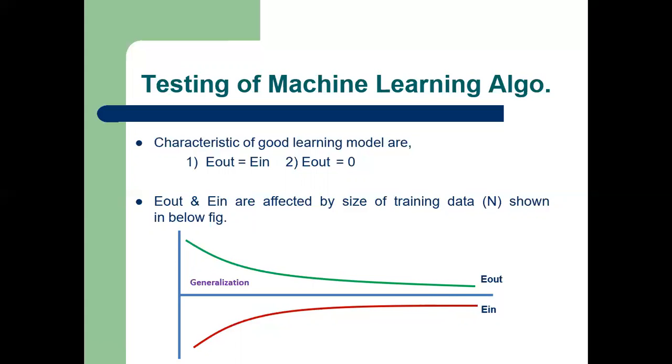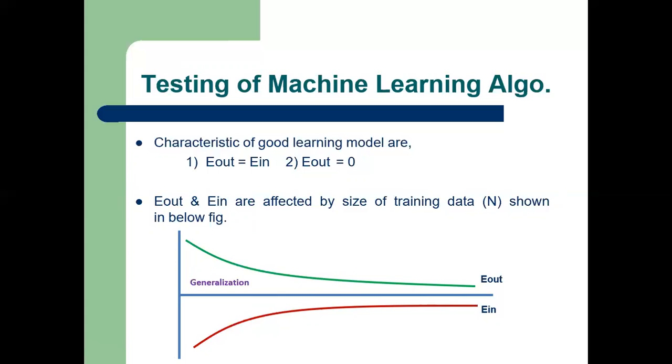The train error and test error are both mostly affected by the complexity of the learning model. So you can easily see here, this x-axis represents the complexity of the model. Sorry, the size of the data. As the size of the data increases, the complexity of the model will also start increasing.